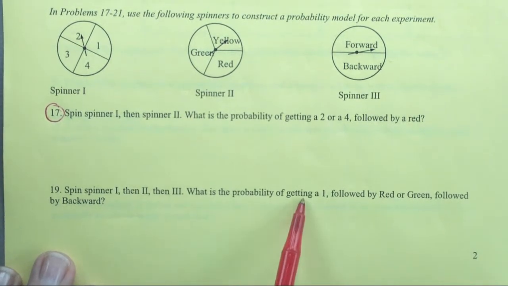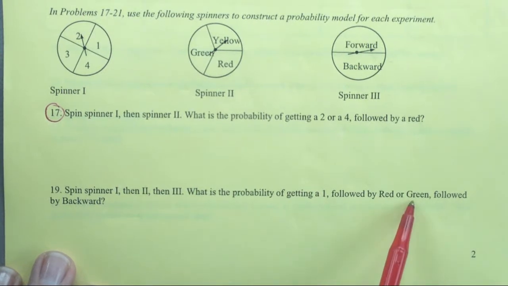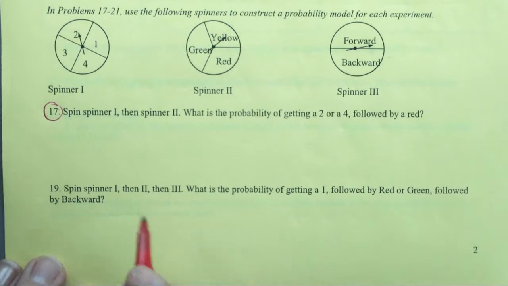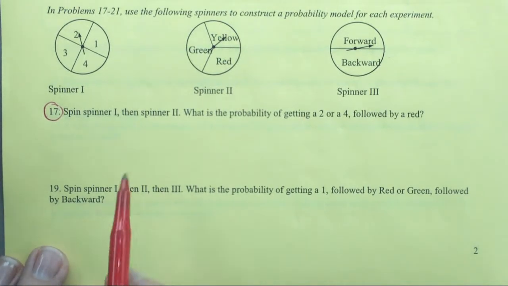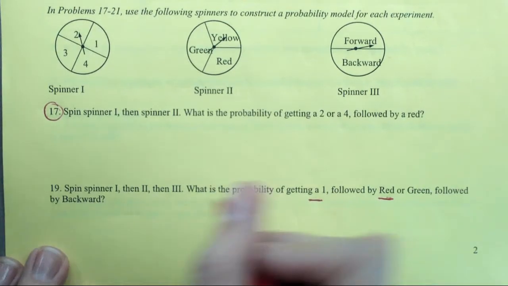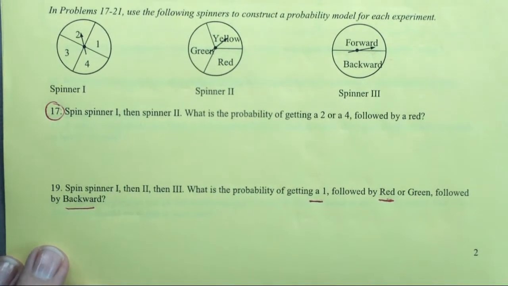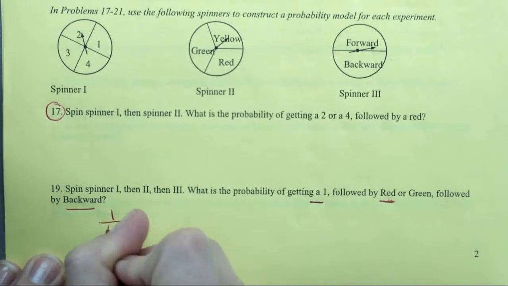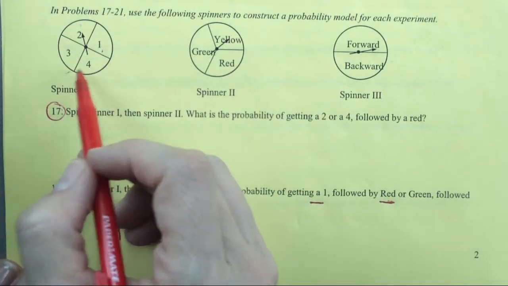What is the probability of getting a 1 followed by a red or a green followed by a backward? So we actually have 2 different situations. They want to know the probability that if I spin spinner 1, I get a 1, a red, and a backwards. So that's one of them I'm going to do. The probability of getting a 1 is 1 out of 4. 1, 2, 3, 4.